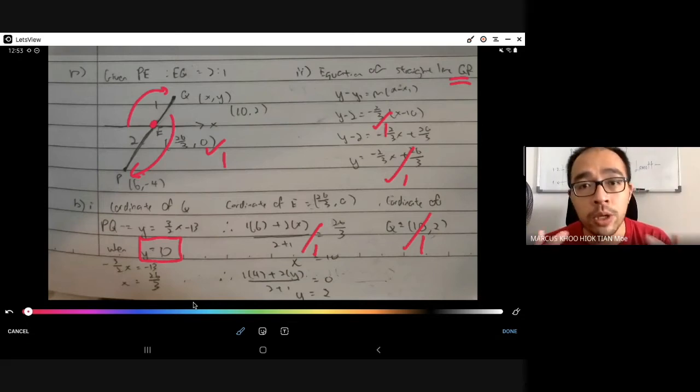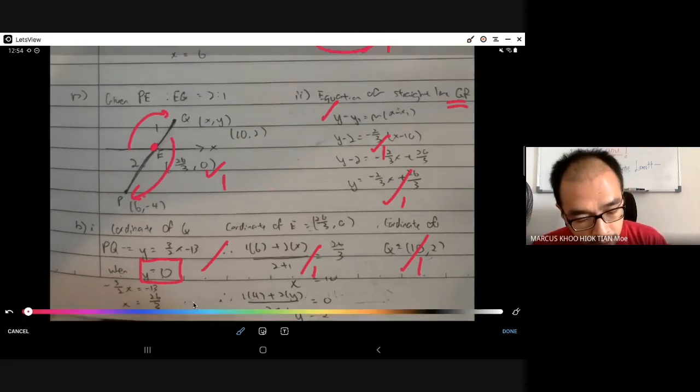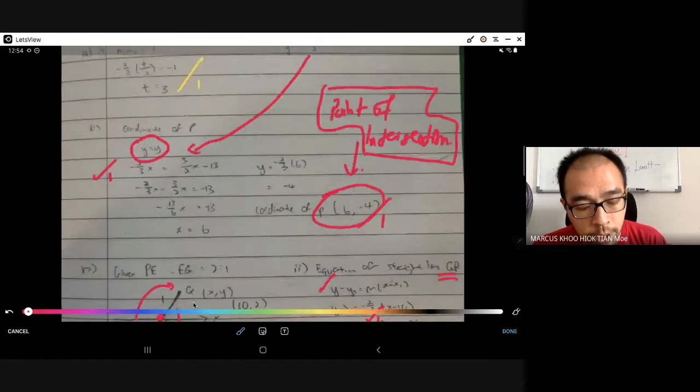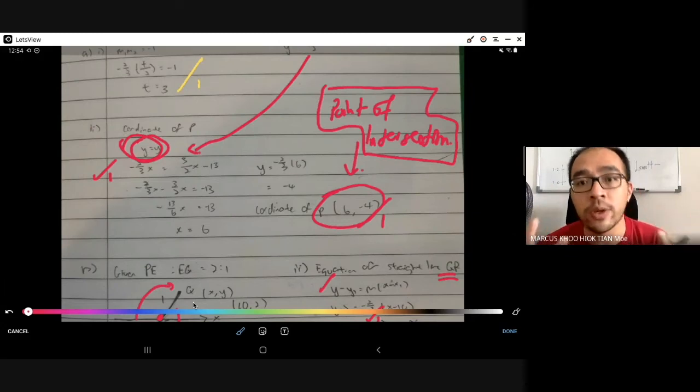They usually combine. You have equation of straight line, you have the concept of parallel and perpendicular gradients, and you also have the point of intersection.